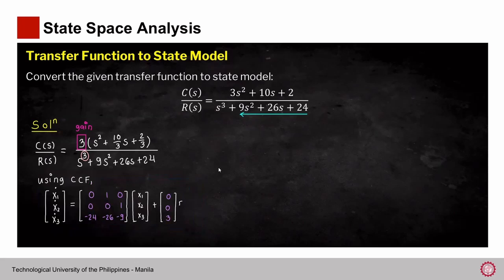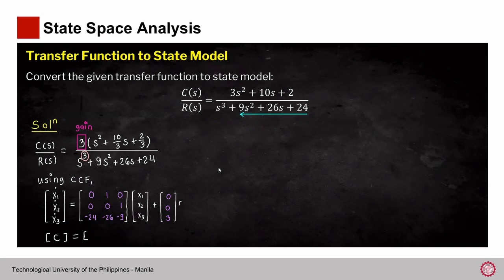Okay. Now guys, syempre may output matrix pa rin tayo. So paano yung output matrix, sir? So yung output natin, di ba? Output matrix, output equation. So this is C. And because C yung variable natin, right? Because this is C of S upon R of S. So what is our C, guys? Ito yung pagkakaiba niya sa differential equation.